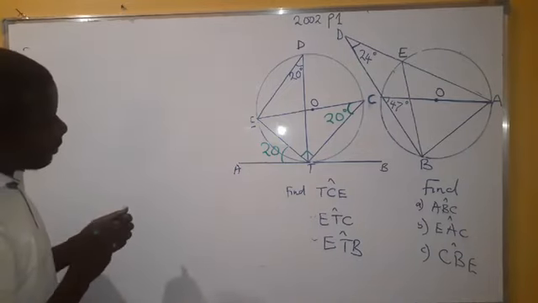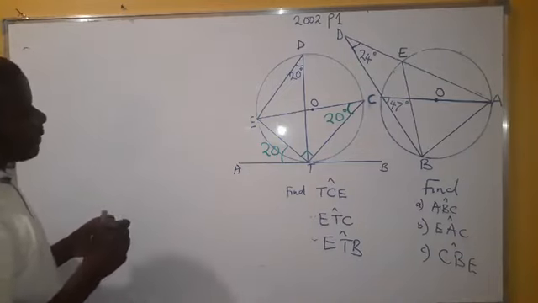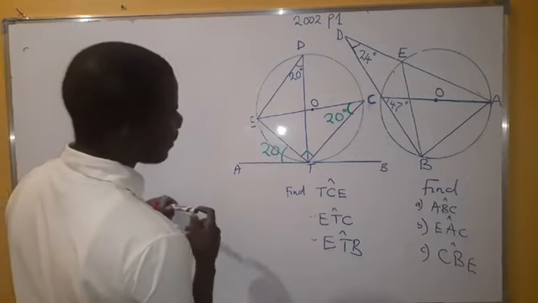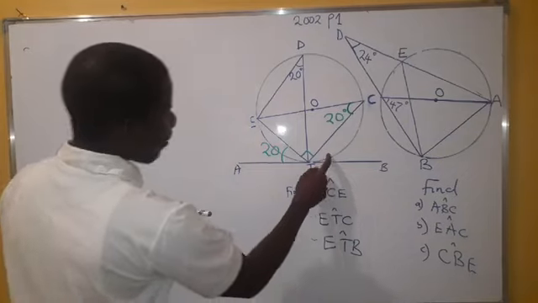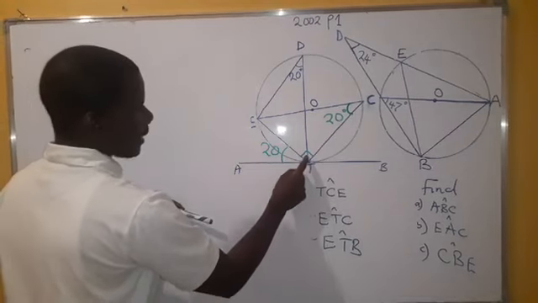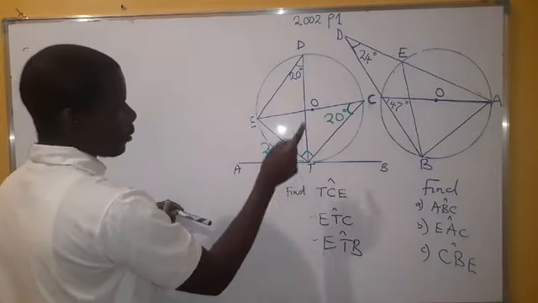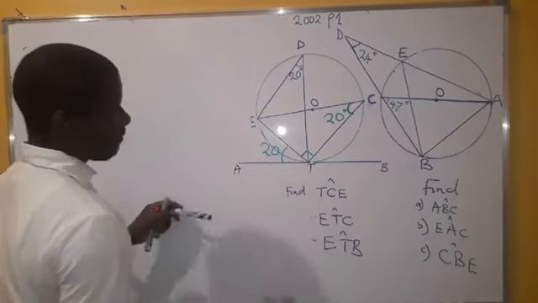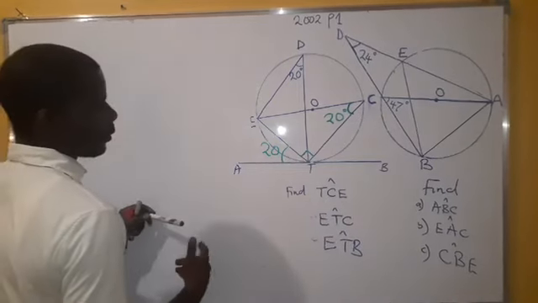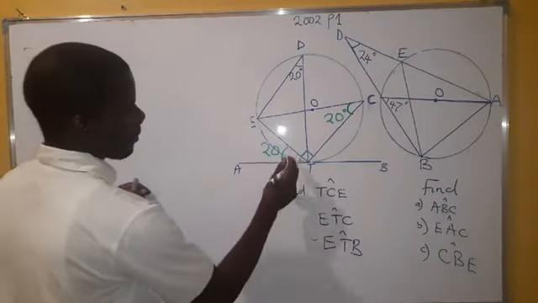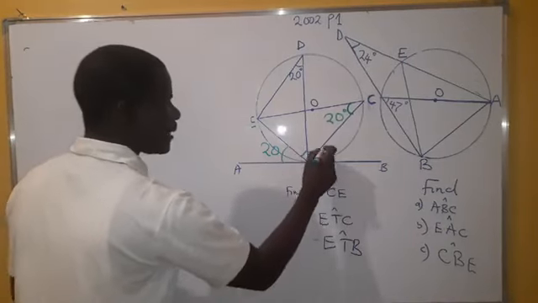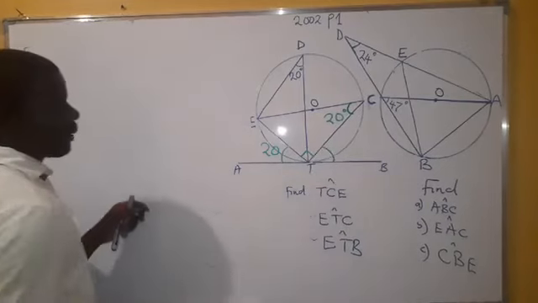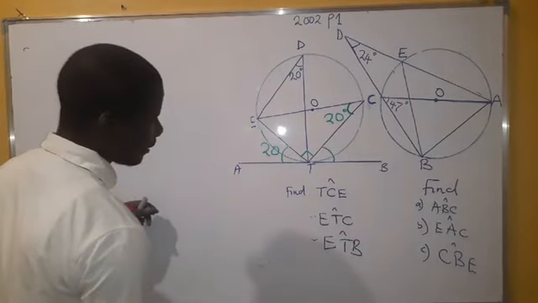What question do they want me to find? In this case, if we need to find this angle here, it means now we are going to add: this is 90 already here, and 20, since I'm using the information that is given. So in other words, if this is 90, this 20 and this angle here must also give us what? 90, isn't it?